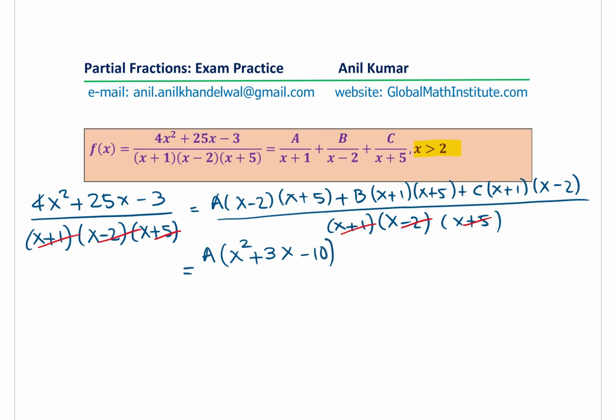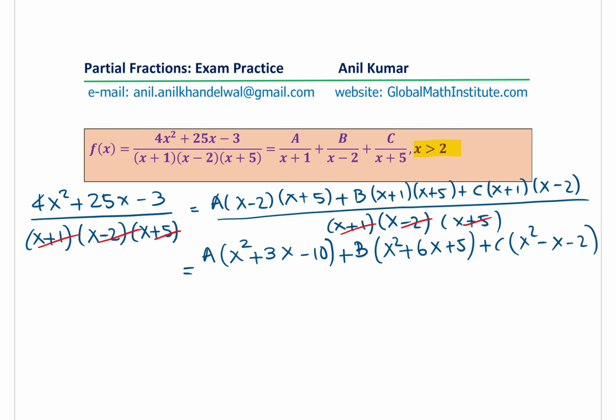Ultimately, you will get this by expanding the product of these binomials. As far as the second term is concerned, b times x squared, 6x, and 5. Plus c times x squared. Minus 2 plus 1 is minus x, and minus 2 times 1 is minus 2.